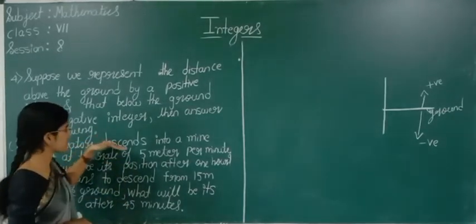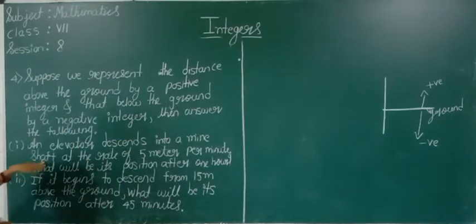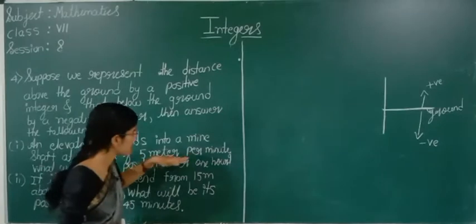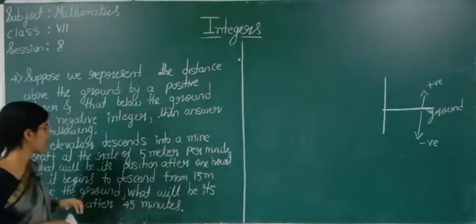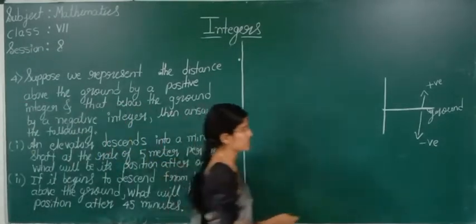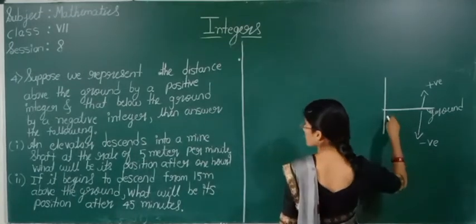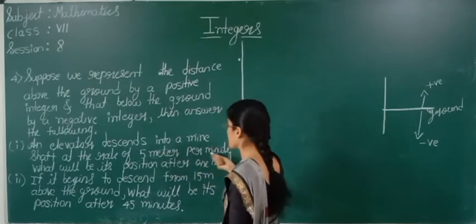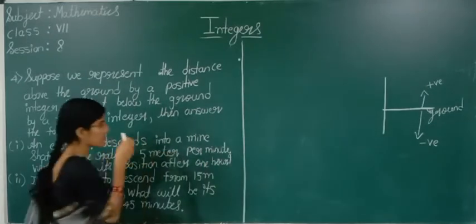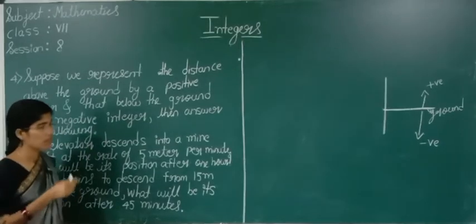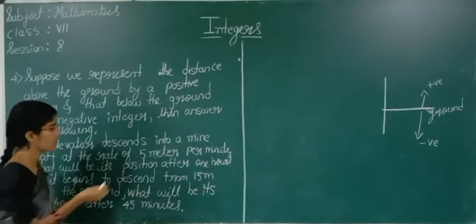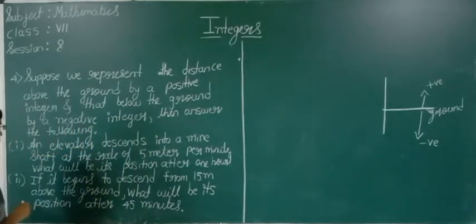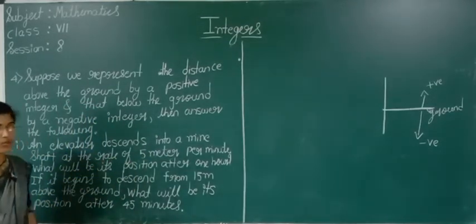An elevator descends into a mine shaft at the rate of 5 meters per minute. For 1 minute, the elevator goes 5 meters. What will be its position after 1 hour?